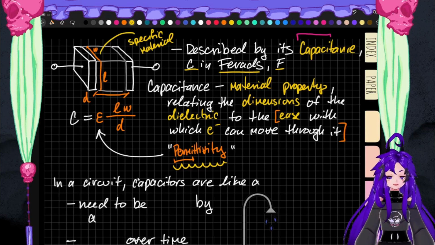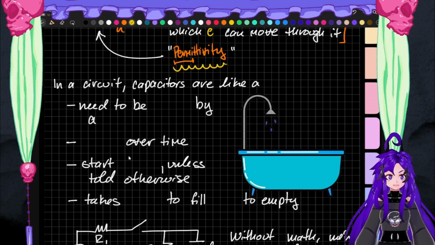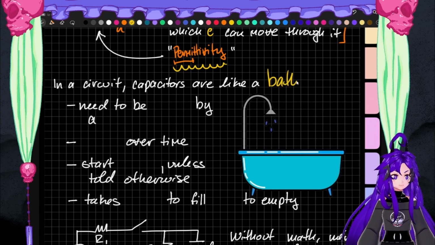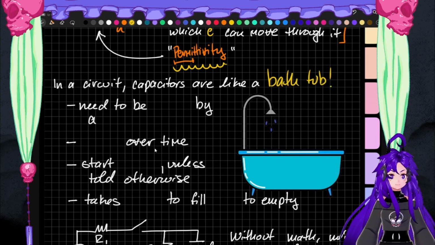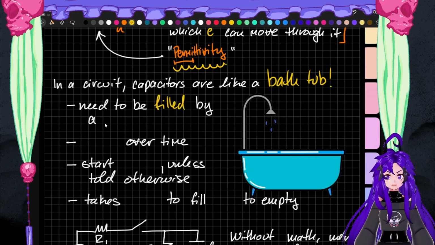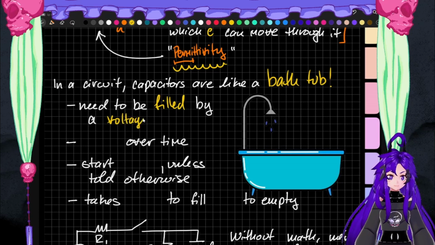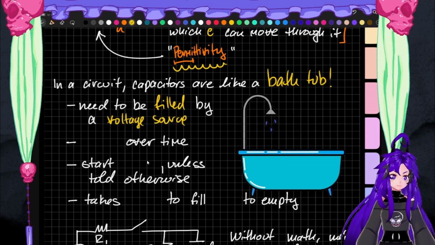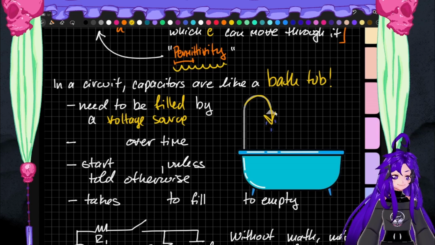So, in a circuit, capacitors are kind of like a bathtub. So, they need to be filled. And they need to be filled by a voltage source. Well, bathtubs need to be filled too.